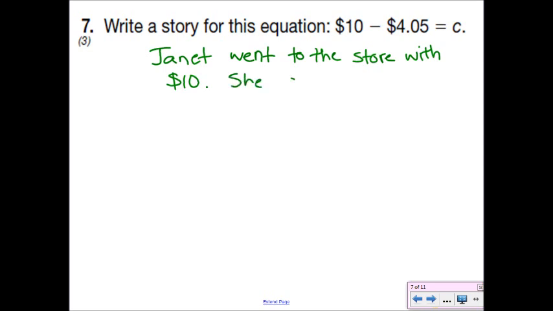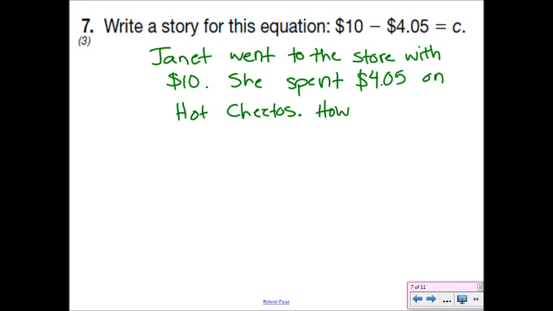She spent $4.05 on hot Cheetos. How much money does Janet have left?